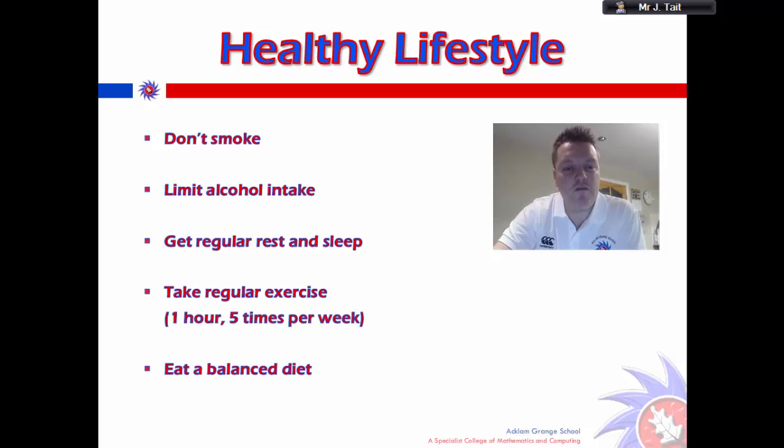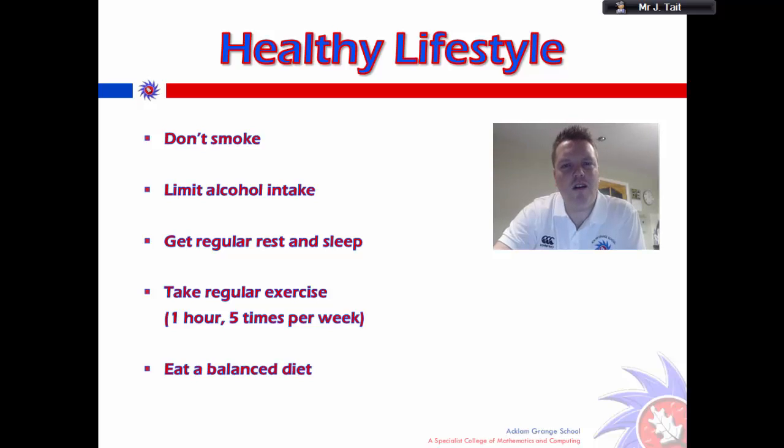Regular exercise, the current guidelines, I think, are 1 hour 5 times a week, and if you constantly exercise, that's really important to the body, because it also helps to maintain your body weight. It's not that healthy to be constantly fluctuating and losing weight and putting weight on.